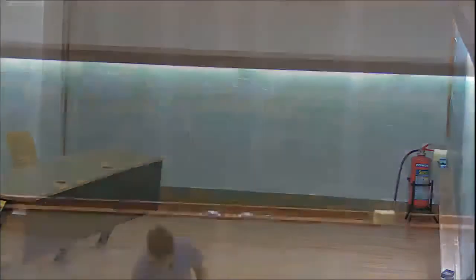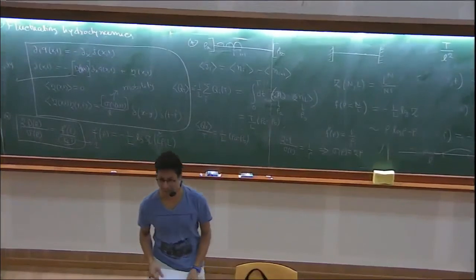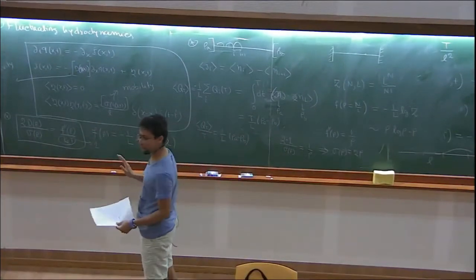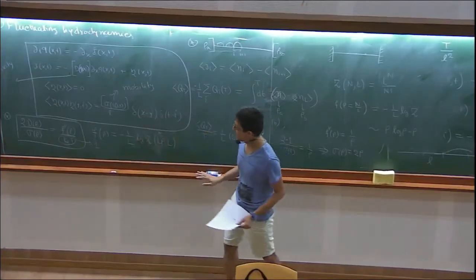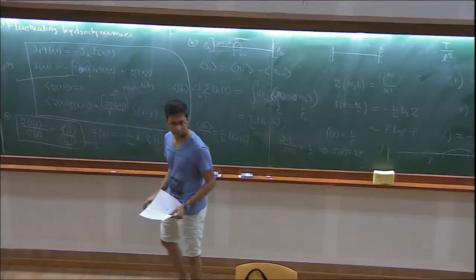Now, after all these discussions, let's really go to the action formulation. You have to keep in mind the following property, that all the microscopic details in this picture are now embedded in these two transport coefficients, D and sigma.